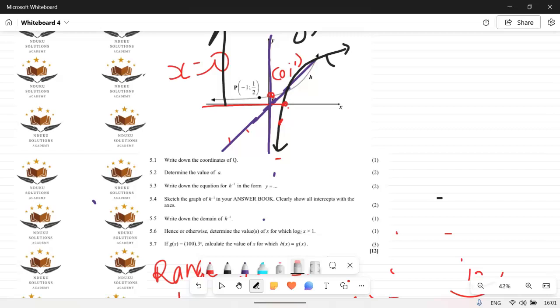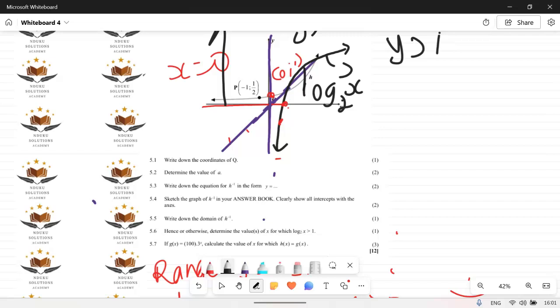I think it will be easier if we look at it from here. Since we have space, we're looking for where y is greater than 1. Which y? The y of the inverse. So I'm going to just focus on this because this is the same as your log base 2 of x, right? And then I want it to be greater than 1.